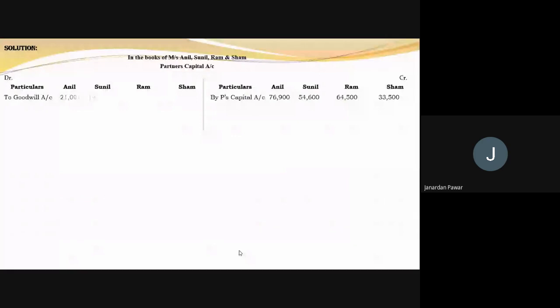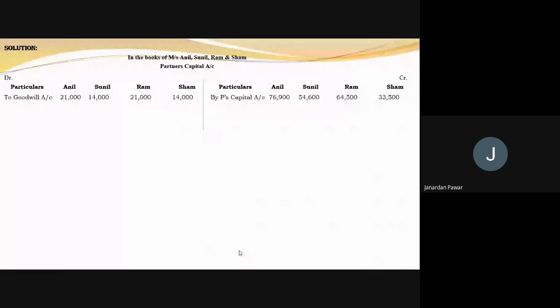So goodwill is also we have to distribute among the partners, that is 21,000 and 14,000 in their profit sharing ratio. So just take the total of the goodwill, and we have to distribute this goodwill among the partners because this goodwill is written off by the new firm. Okay.